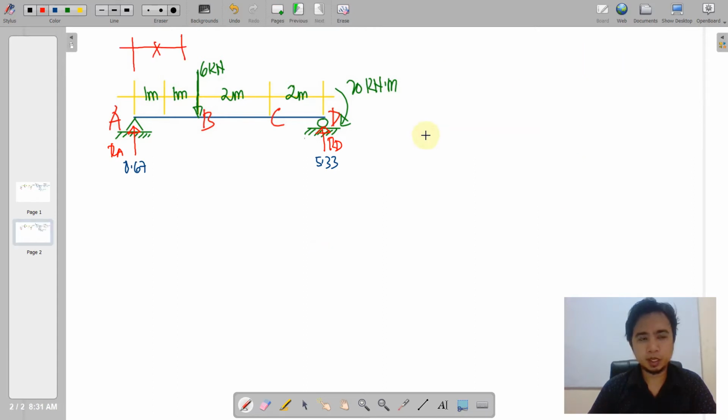So we set x first within the boundaries of AB, and then of course we section it considering the left portion because we are doing it from left to right. So if this is the beam, there will be this portion to be cut, and there is shear and moment along this cut section.